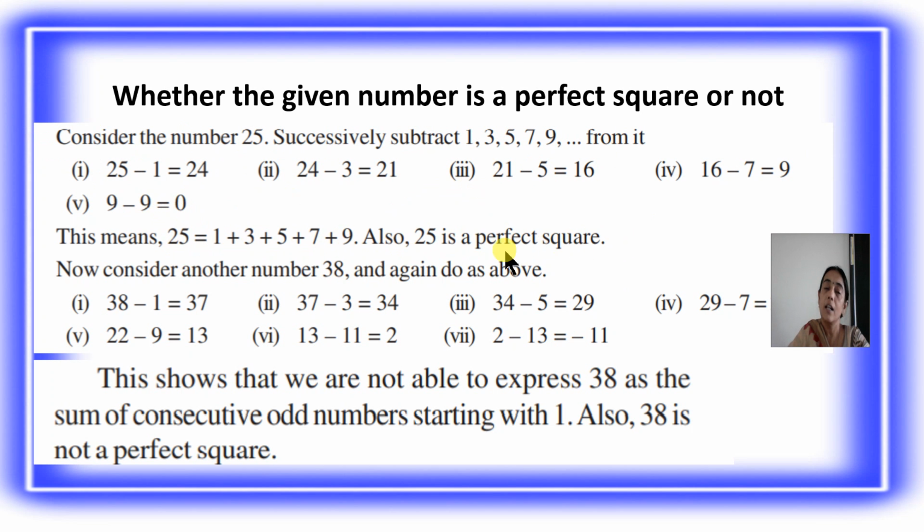Let's consider another example. That is the number 38. We know that it ends with 8, so it is not a perfect square. But we have to show that it is not a perfect square.